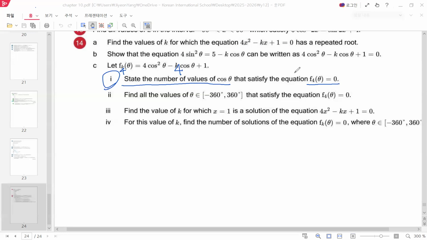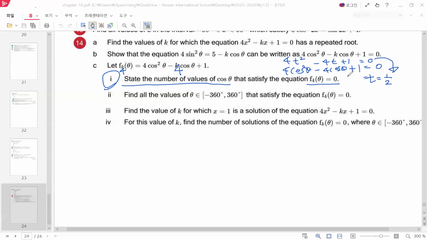Okay? Then 4 cosine squared theta minus 4 cosine theta plus 1 equals 0, and 4t squared minus 4t plus 1 equals 0. By using your calculator, you can find the value of t as 1 over 2. Very good. 1 over 2.